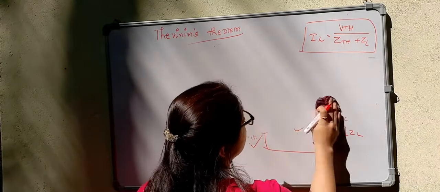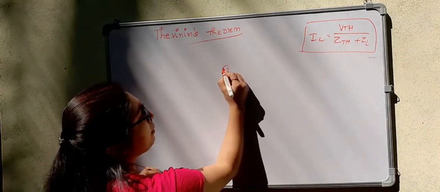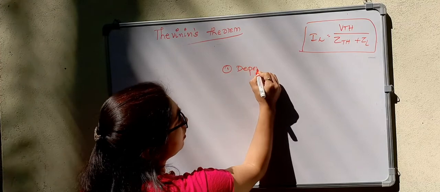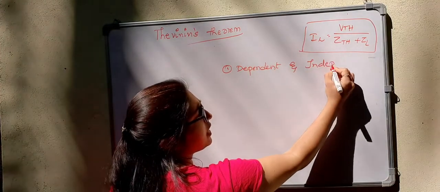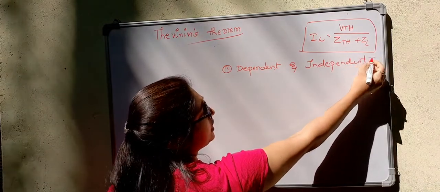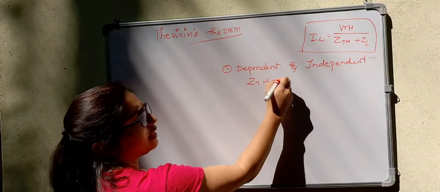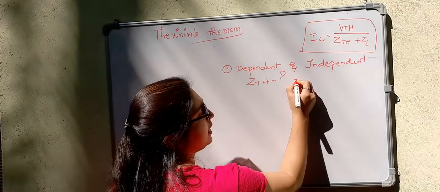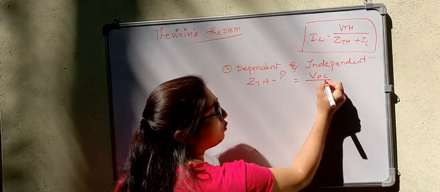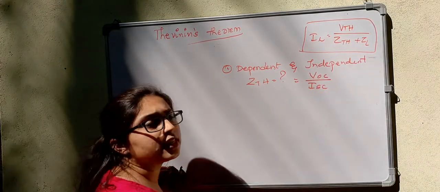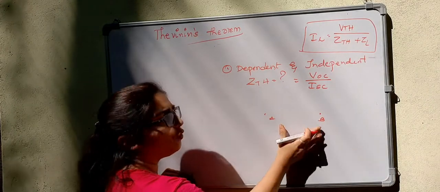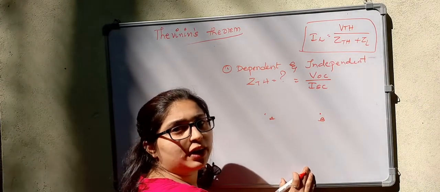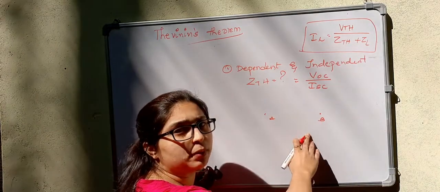Now, if this network consists of both dependent and independent sources, how will you find ZTH? In this case, ZTH will be equal to open circuit voltage divided by the short circuit current. You have the two terminals AB. Across this we measure VTH, by opening, that means by removing the load.